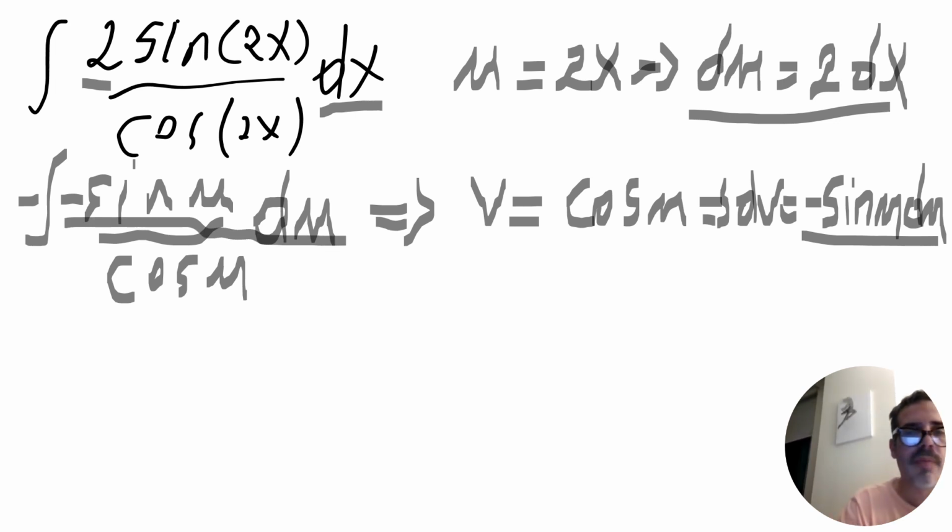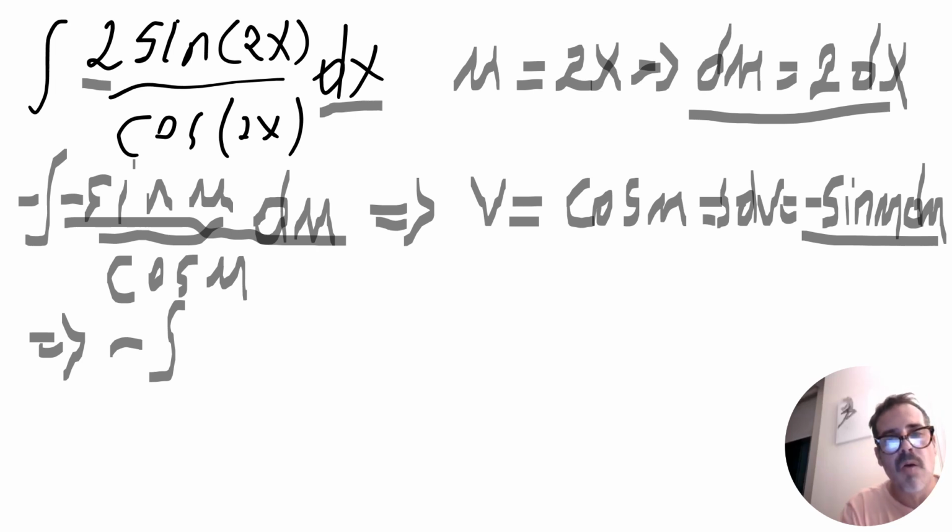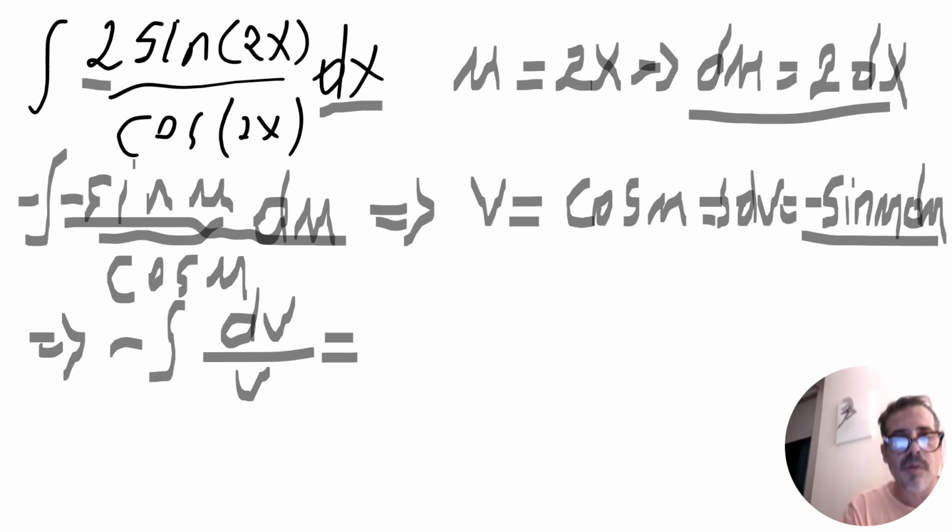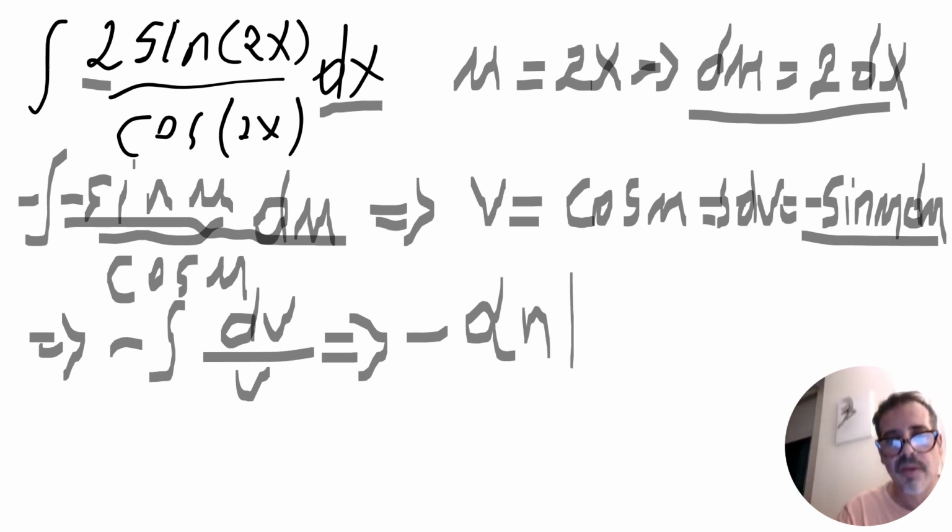I'm going to rewrite all of this now in terms of the new variable v. Don't forget the minus sign that I've been carrying here. So we have the integral of dv over v, and this is a very well known integral, which is the ln of v plus C.